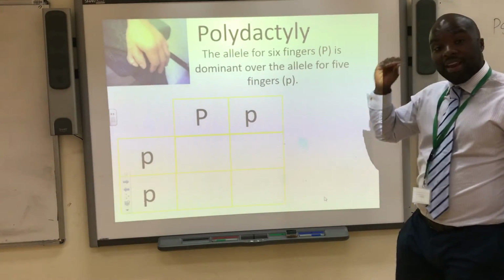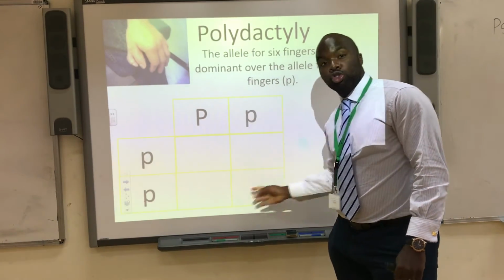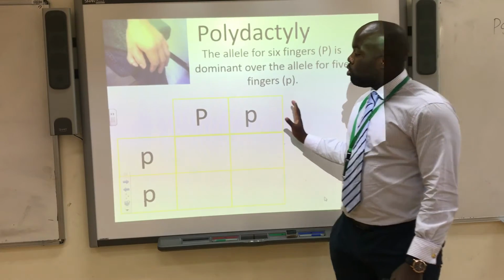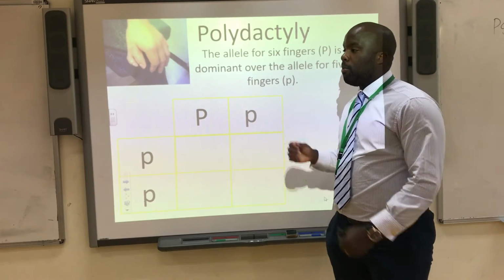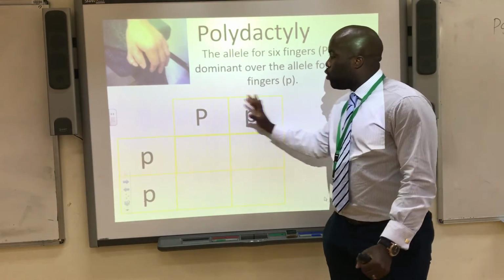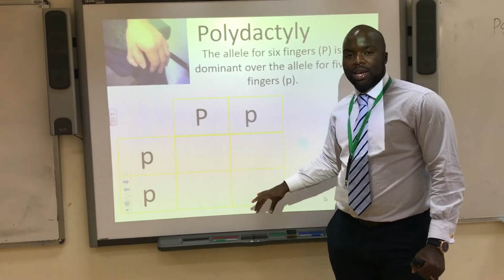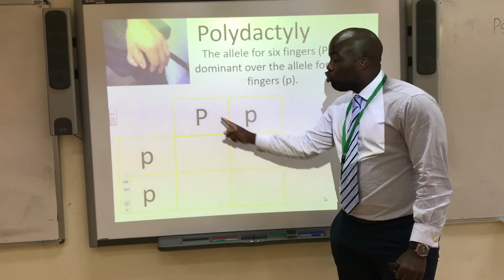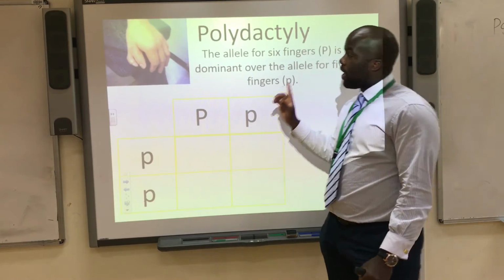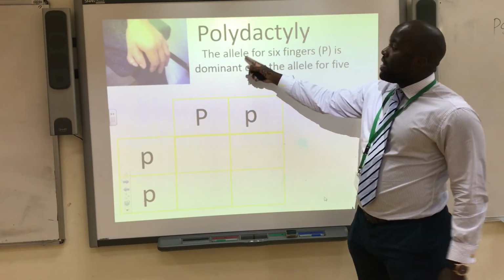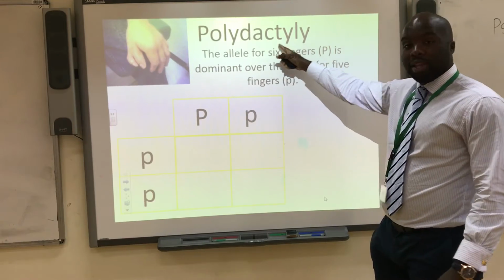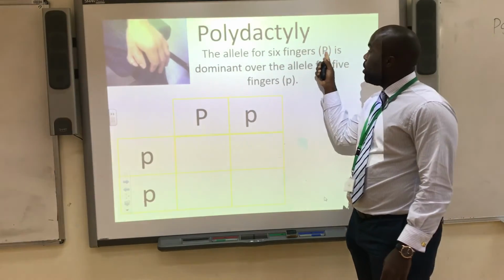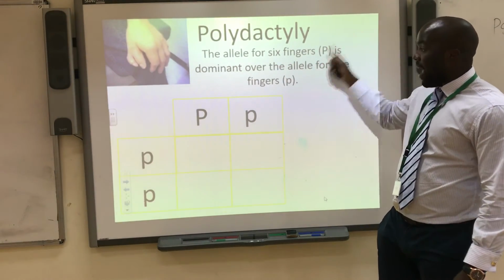Now, again, read into the question. They're going to ask you to draw this genetic diagram. They will not, unless it's a very low-grade question, give you this genetic diagram and say fill it in. I've done this for you for the purpose of helping you understand it. They will expect you to draw all of this for yourself. So let's have a look. It says, the allele for 6 fingers, or polydactyly, is a capital P, so a dominant allele.